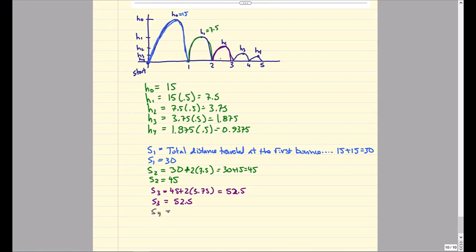S sub 4 then would be the 52.5 plus 2 times the height of the next one, which would be 1.875. Remember, that's doubled. So I'd have 52.5 plus 2 times 1.875, which is 56.25.